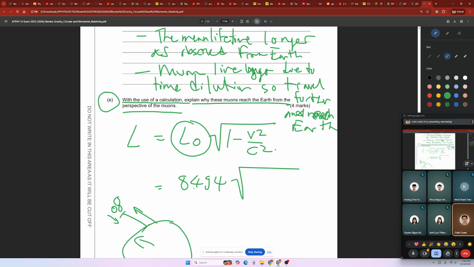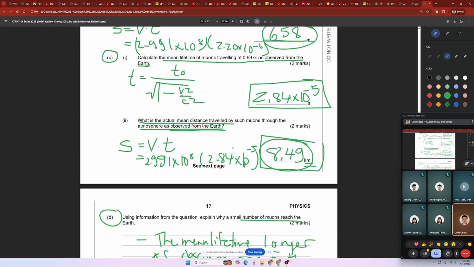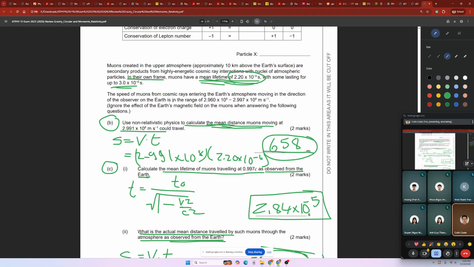Okay, and what is our velocity? Our velocity has to be squared, guys. And then I believe the velocity is given to us, right? Okay, so there's the velocity given to us. Mean lifetime, range, yeah. So we gotta use this one.